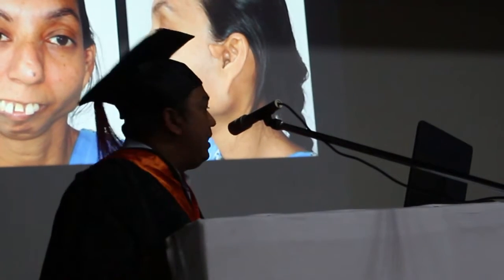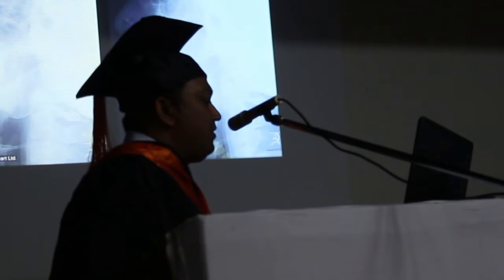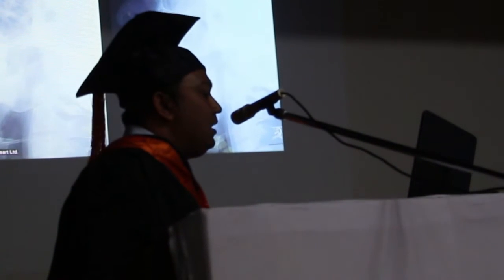So these are the basic procedures. And now I'm showing some cases. It's a case of Goldenhar syndrome, that is hemifacial microsomia, with a short chin. And this is the lateral cephalogram.